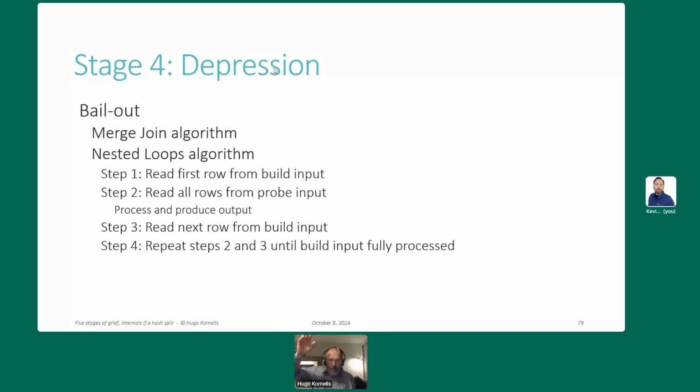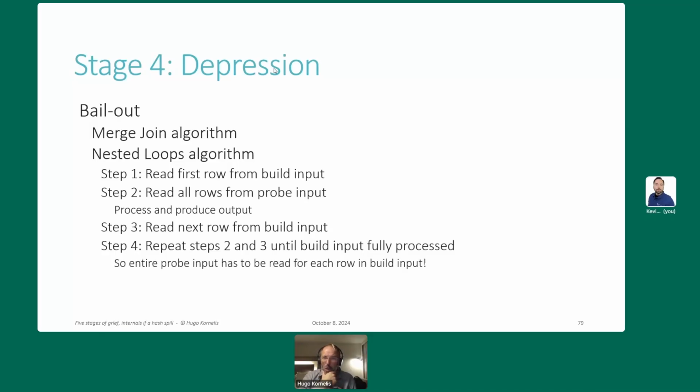So we have this large file that we have to read entirely once for each row in this build file that, as I said, is a lot of rows. So yeah, we read the build file only once, but we read the probe file over and over and over again, and that is a lot of reads. So this is depressive as well.